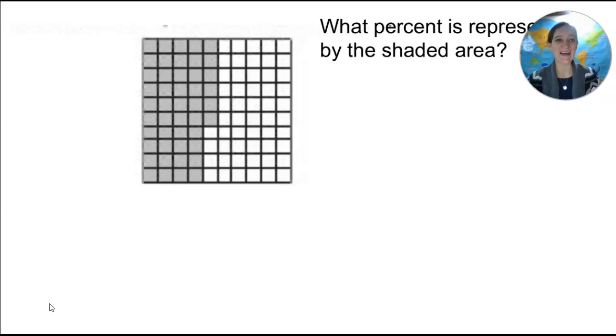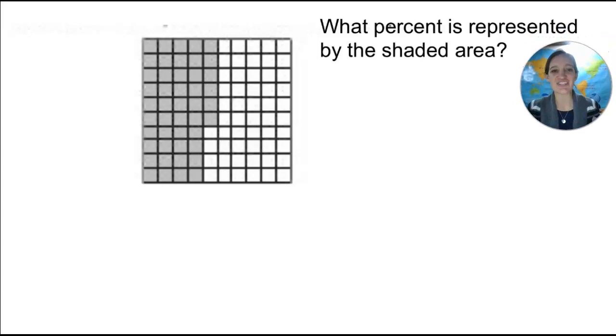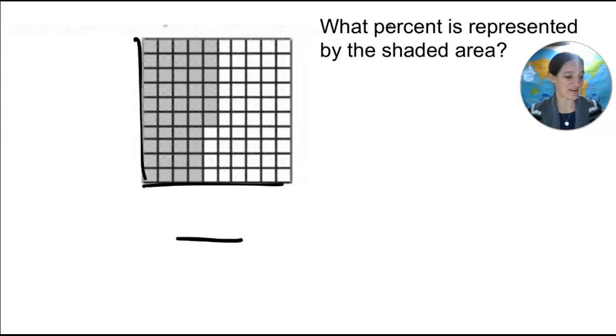So the first question we have is, what percent is represented by the shaded area? Well, we know that this is 10 by 10, so that's out of 100. And then each of these is a group of 10. So 10, 20, 30, 40, 41, 42, 43, 44, 45, 46.